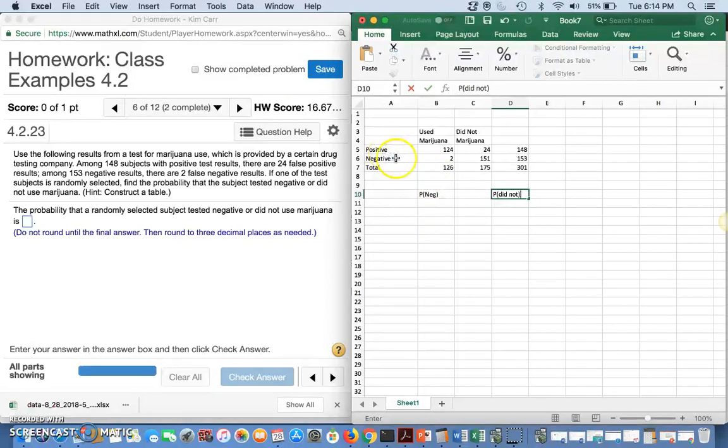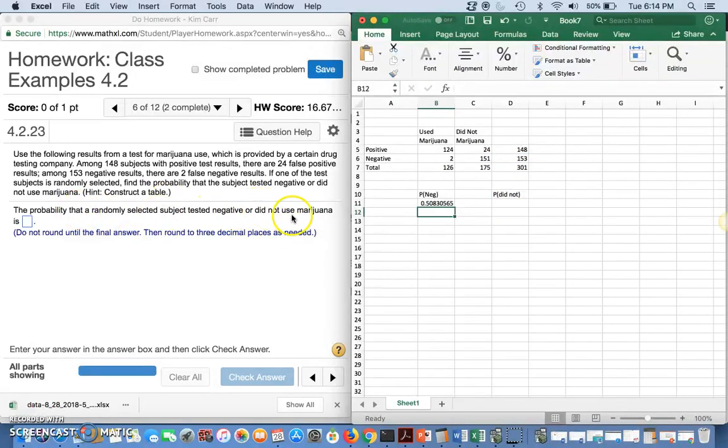What is the probability of a negative test? Well, that would be this 153 over the total. So let's just say equals sum, 153 divided by, that's the probability that they test negative.